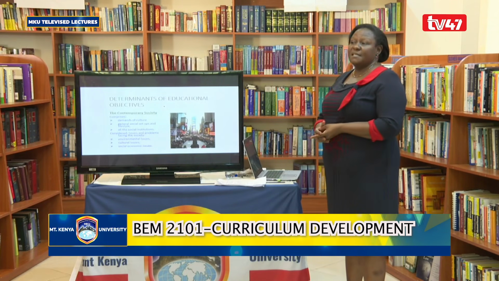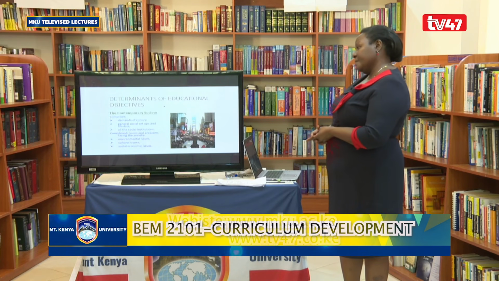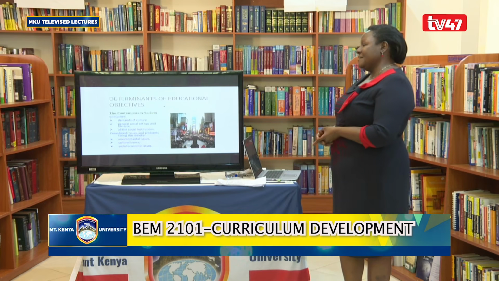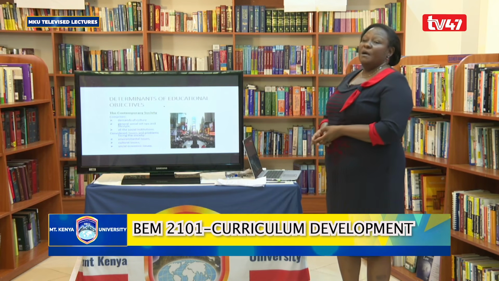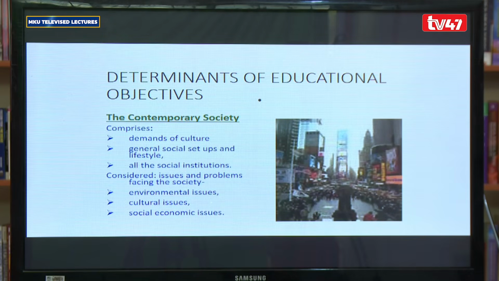You realize that the educational objectives are national. And since they are national, they apply to all the institutions within the country. So some of the problems that we might be facing as a society in a given county might also apply in another and yet another.